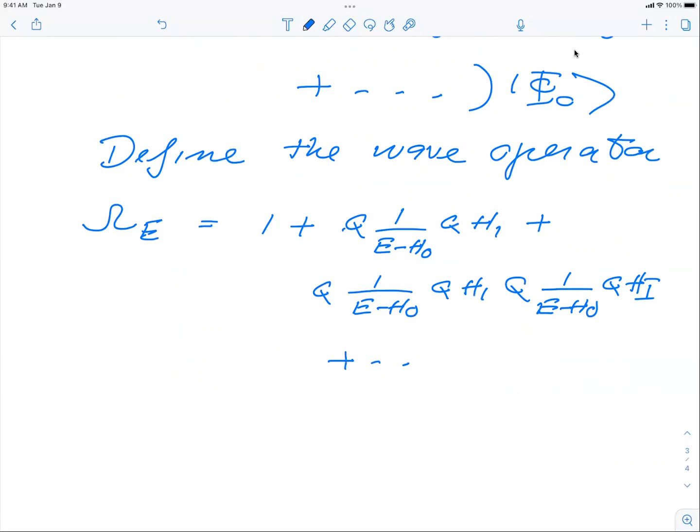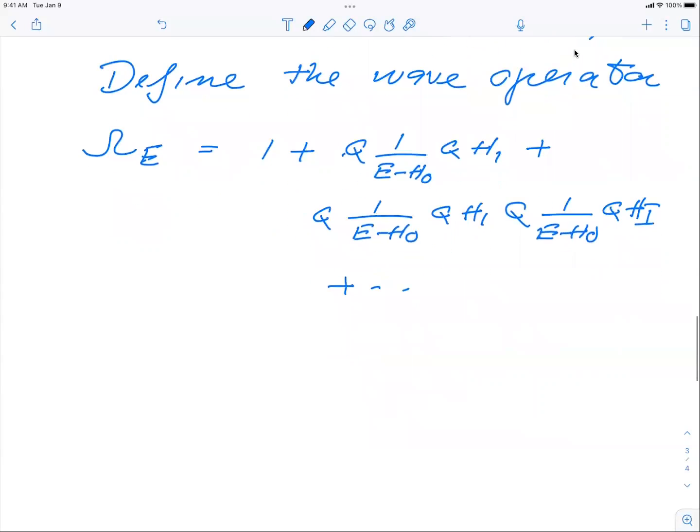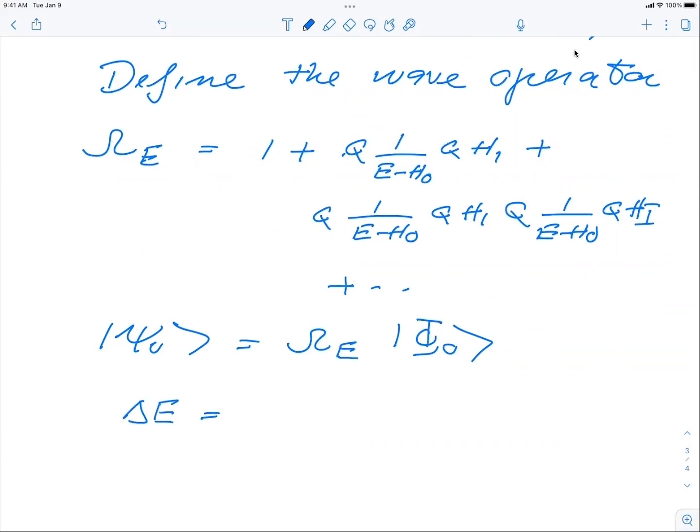That means that if I define the wave function now, psi of 0 is given by this omega of E multiplied with the state phi 0. That means also that the energy I'm looking for, this correlation energy, is given by phi 0 multiplied with the matrix element, which multiplies with the operator, and phi 0.